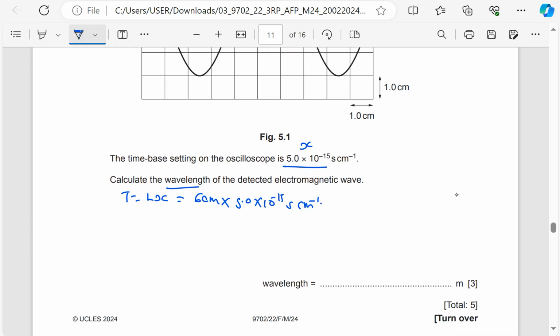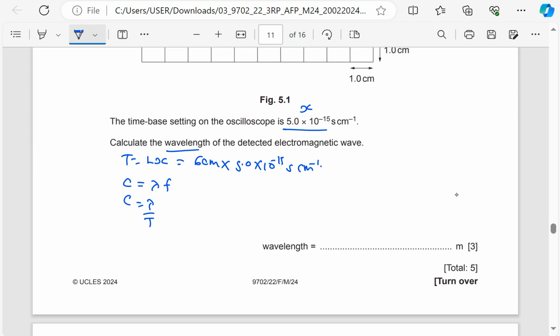That is the period. Then, to find wavelength, we know that speed c is equal to lambda times f. C is equal to lambda over T because f is 1 over T. So the wavelength lambda is going to be equal to c times T. So this is going to be c, which is the speed of light, 3 times 10 to the power of 8, because this is electromagnetic, times the period, which is 6 times 5 times 10 to the power of minus 15, where centimeter cancels with per centimeter.